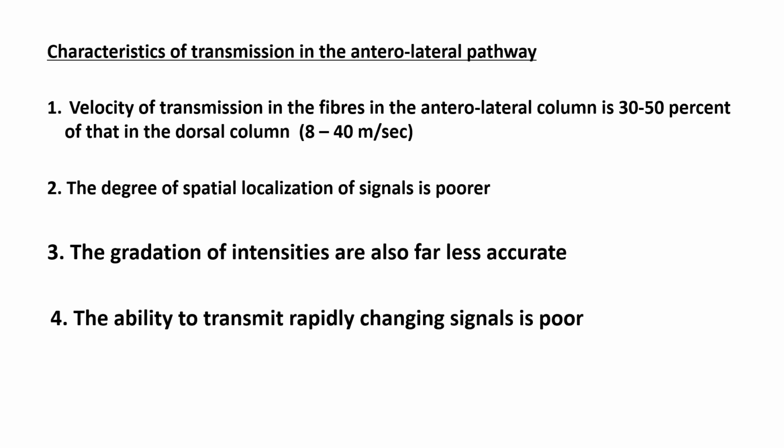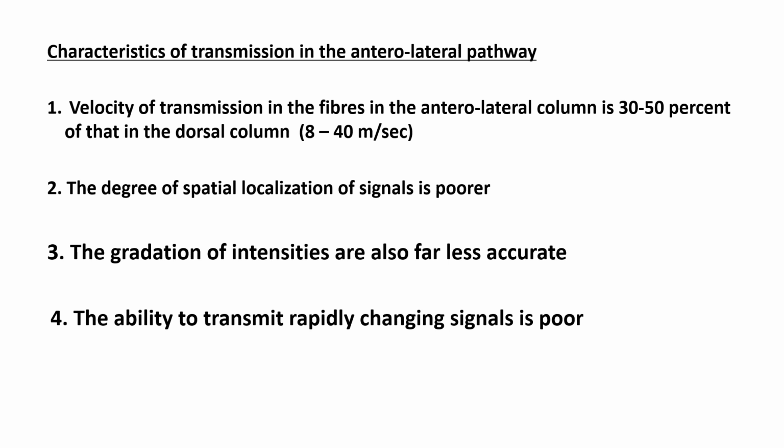Again, the other difference is the degree of spatial localization of signals is poorer in the anterolateral pathway. The gradation of intensities is also less accurate than that of fibers conducted via the dorsal column, and the ability to transmit rapidly changing signals is also poor in this pathway.